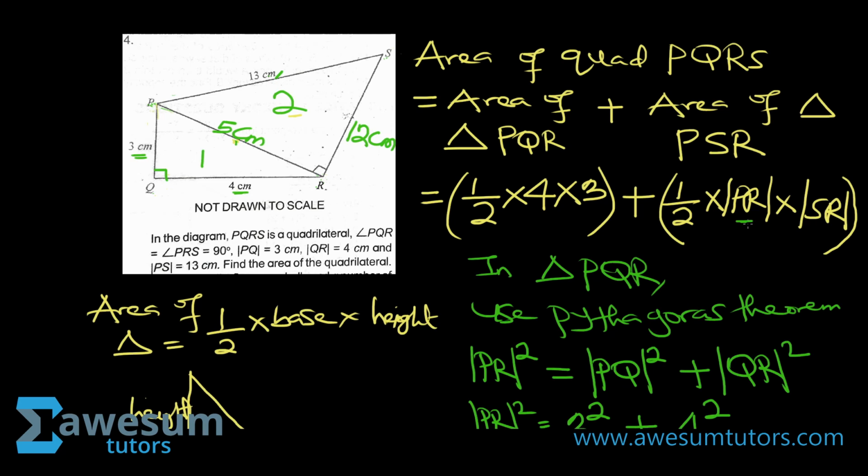So that means we can come back to this formula that we have right here. We said area of triangle PQR is half base times height, half times 4 times 3. And then this one is half times PR. Now we know PR to be 5, times SR. Now we know SR to be 12.